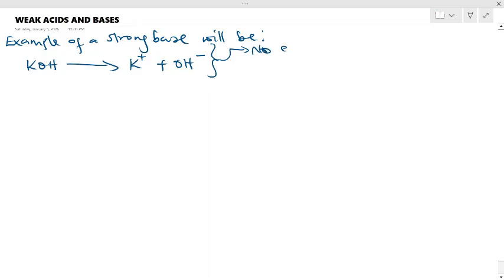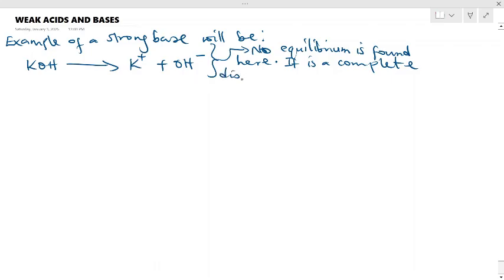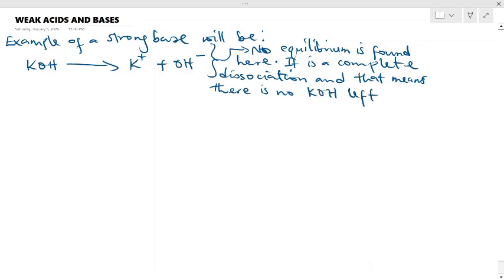No equilibrium is found here. What you have is a complete dissociation, and that means there is no KOH left after the reaction.